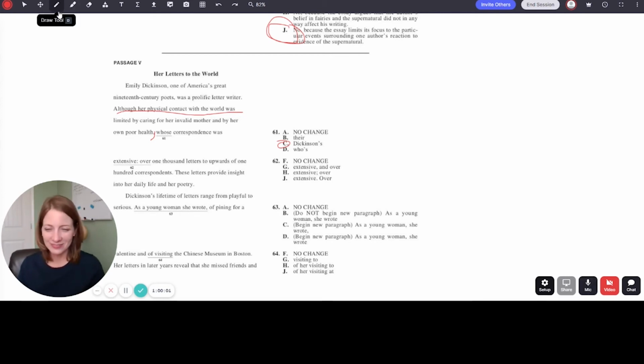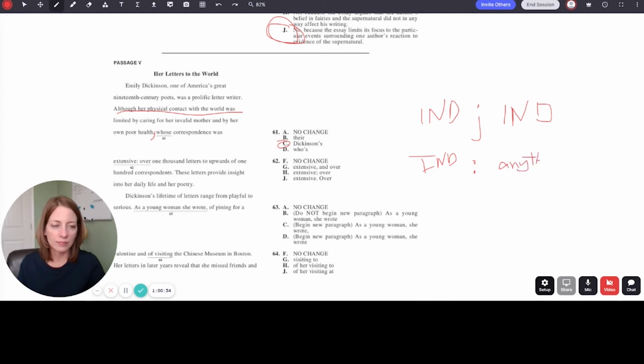Let's talk about it. Okay, so if I see a semicolon, I'm thinking you've got to have a sentence before it and a sentence after it. Okay, when I see a colon, I've got to have an independent clause here, and to the right can be anything.